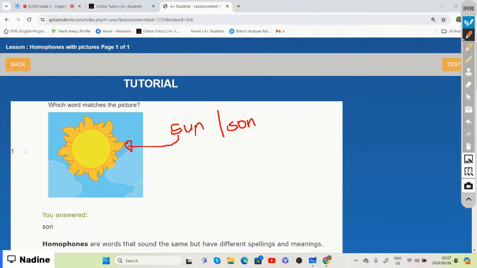And then if you look at the next word, which is S-O-N, also sun. But in this case, we can say this one is a boy child. So a boy child, which is my mom's son, my daddy's son. That is basically how we use that word.